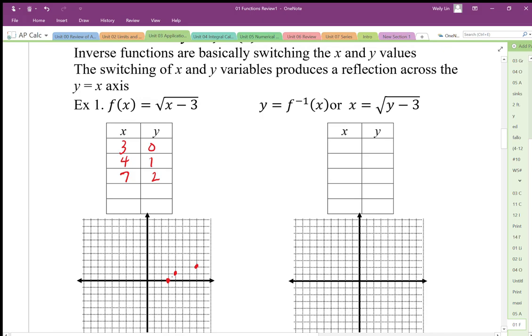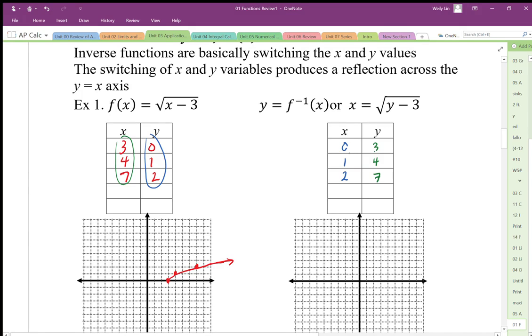So this is my original function. The inverse is basically just going to switch all these. The x's become y's, so it becomes 3, 4, 7. And all the y's become x's, so this becomes 0, 1, 2.